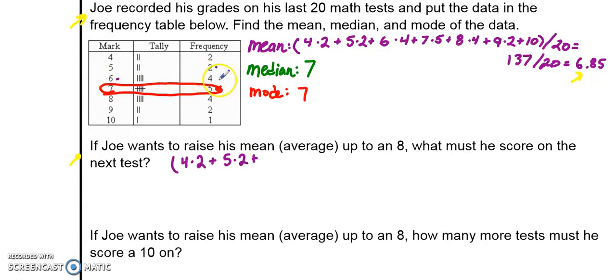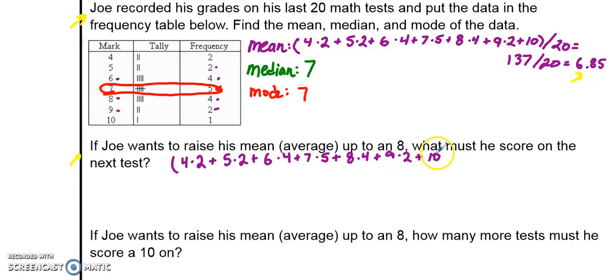He scored a 6 4 times, so 6 times 4, plus he scored a 7 5 times, so 7 times 5, plus he scored an 8 4 times, so 8 times 4, plus he scored a 9 twice, so 9 times 2, plus, and he scored a 10 just once, so plus 10.